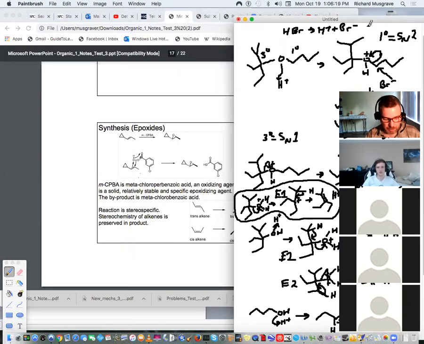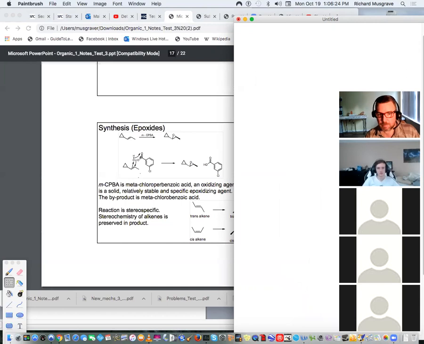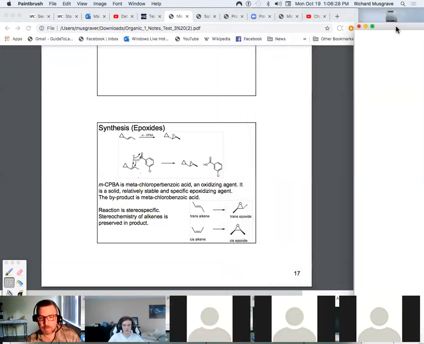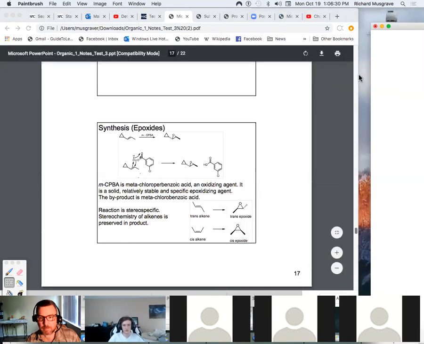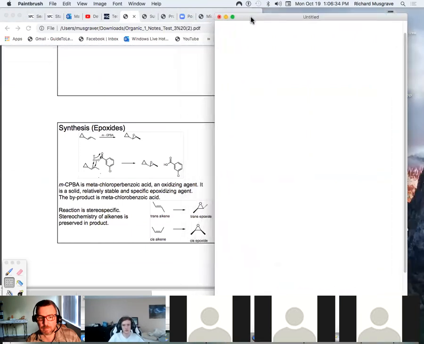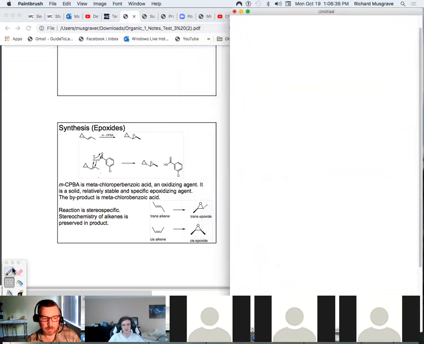So just to give you a couple of examples here. I've got the pictures of trans and cis alkenes here on the slide, and you can see the trans looks like a zigzag and the cis looks more like a cup.